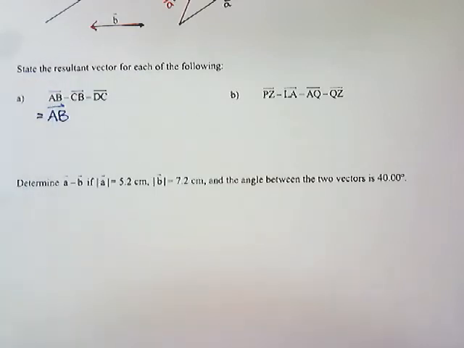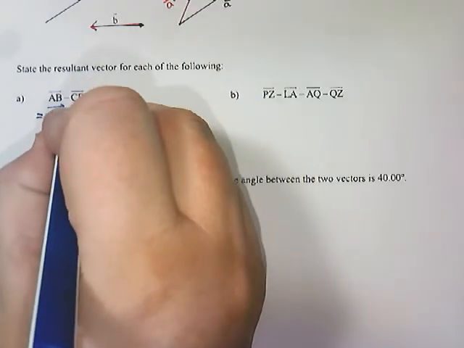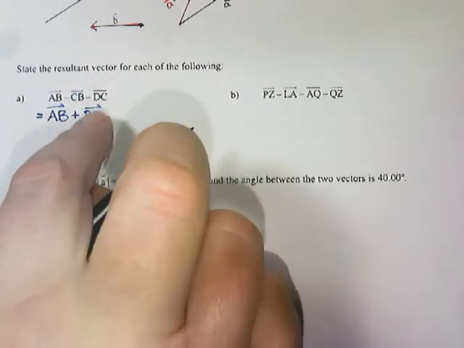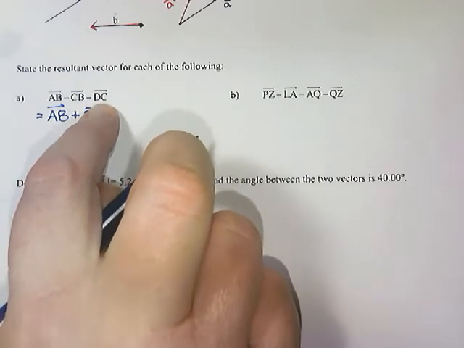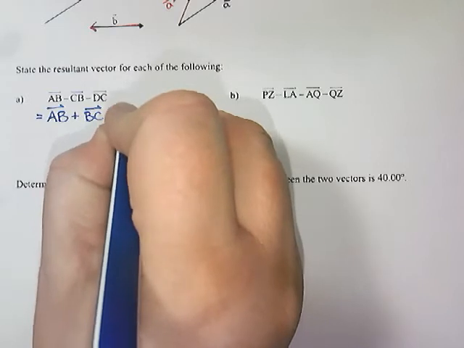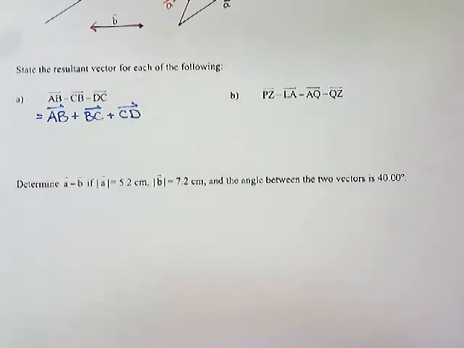And then minus CB. What I'm going to do is really end up adding them, but I'm going to flip it the other way. So I'm going to add BC. I'm going to flip it over. And then minus DC, I'm going to flip that one around because of the minus sign, and that's the same as plus CD.